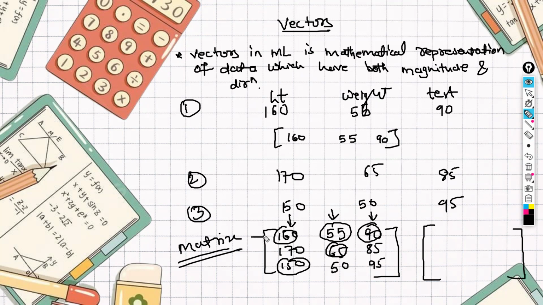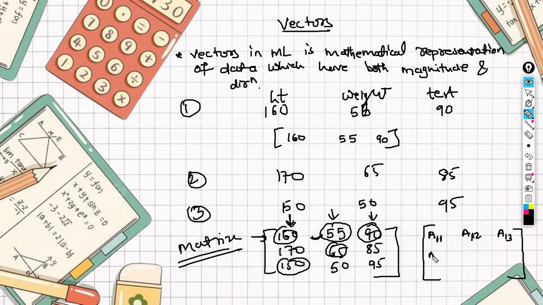Since this number is written in first row and first column, we denote it as A11, representing that this is in first row and first column. Similarly, the second element will be written as A12. This means that this element is in first row and second column. Similarly goes for this third element, that is it is in first row, third column.